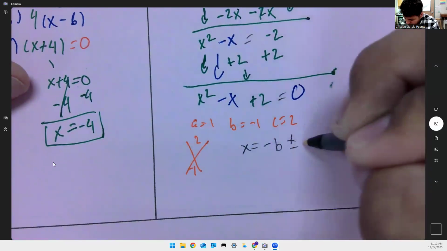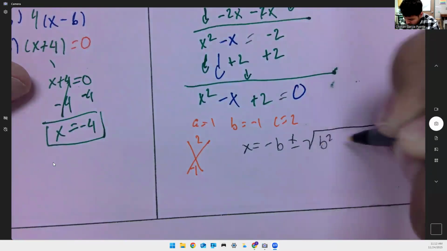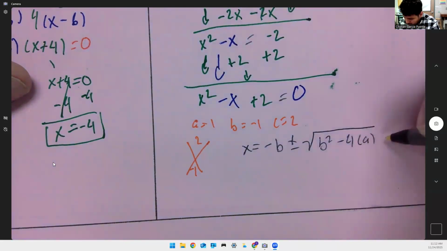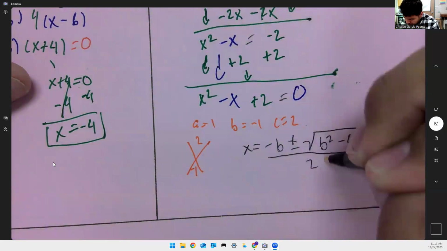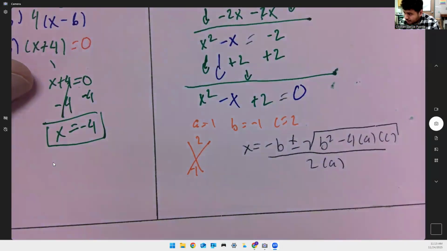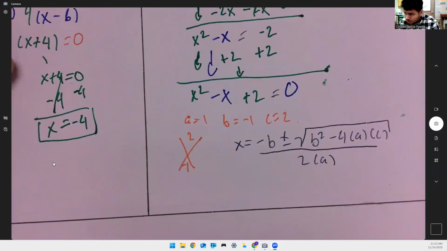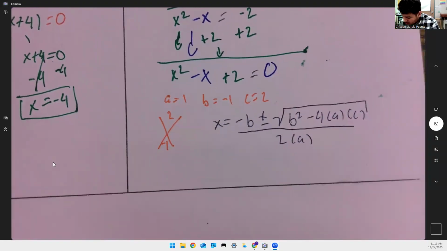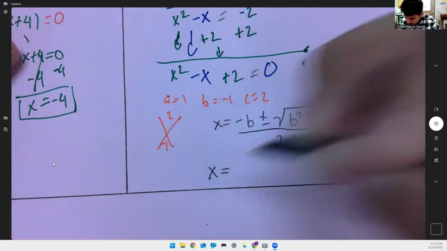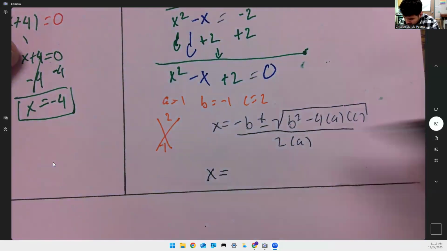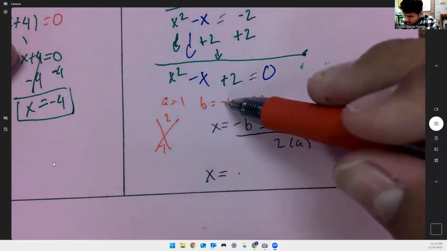So what you're going to have to do is, unfortunately, use your quadratic formula: x equals opposite of b plus or minus the square root of b squared minus 4ac, all over 2a, and solve for x. So let me just write it like this. You have x equals your negative b, which is opposite of b. So what's the opposite of negative 1?